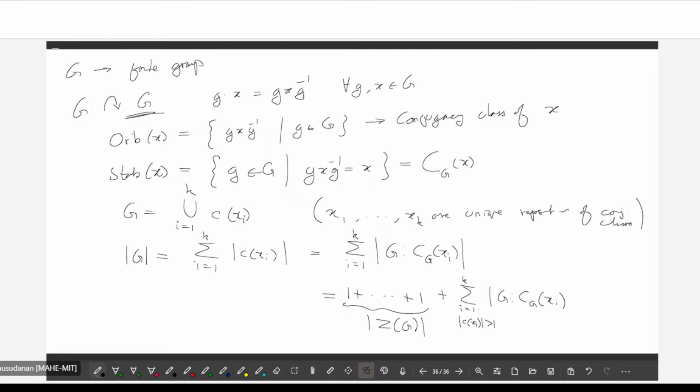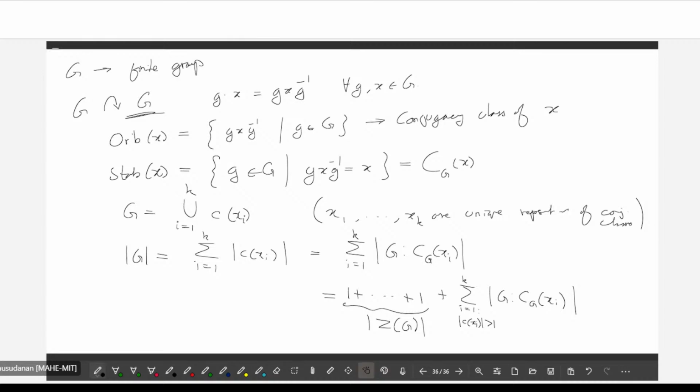So only those with non-singleton conjugacy classes, or another way to say that is CG of xi should be a proper subgroup. CG of xi equal to G means singleton, right? So another way to say is CG of xi is a proper subgroup.